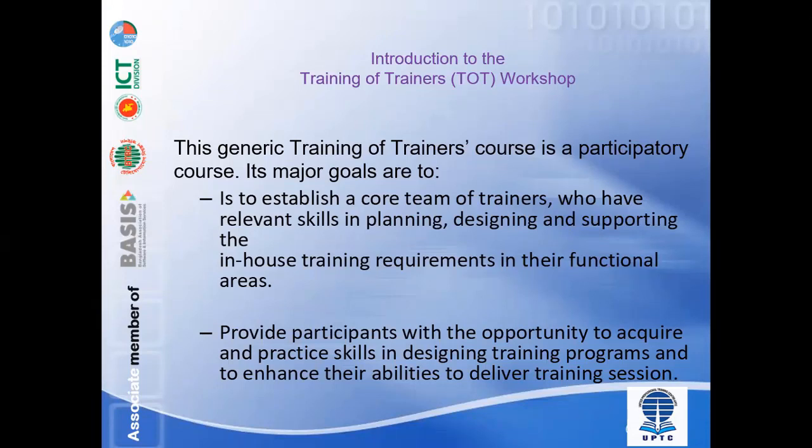So what do we get from these? We will generally try to cover one after another. First of all, this generic training of trainers course is a participatory course, and its major goals are to establish a core team of trainers who have revealed skills in planning, designing, and supporting in-house training requirements in their functional areas, provide participants with the opportunity to acquire and practice skills in designing training programs, and enhance their ability to deliver training sessions.